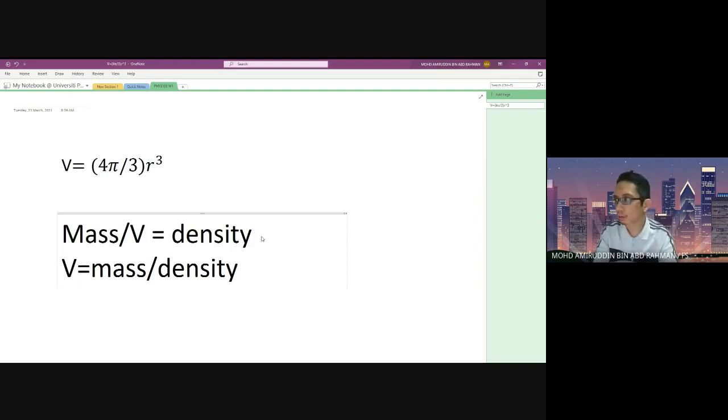So figure out the volume. You are given the mass already, and you are also given the density. So 60 over 19.5. So it's 3.08. That's your volume.